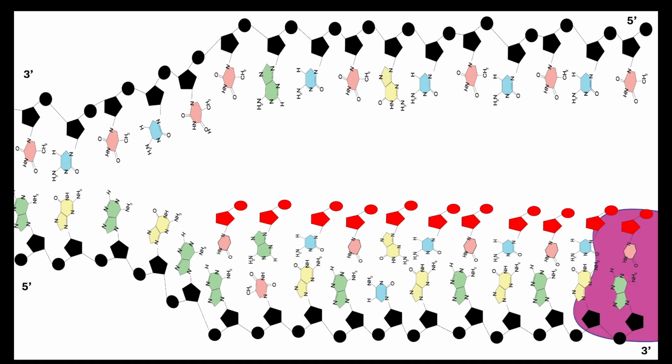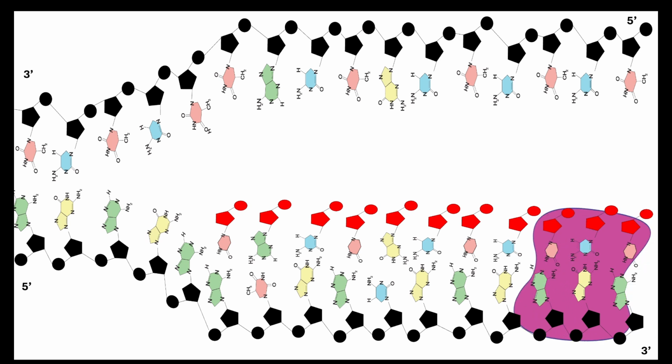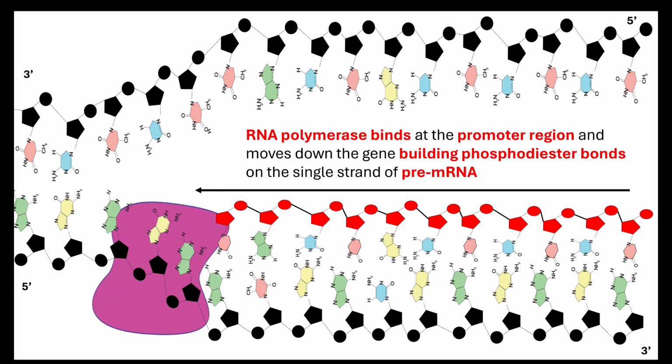Okay, so we have had our free nucleotides form hydrogen bonds with their complementary base pairs. And then what happens is our RNA polymerase, be careful because we're doing transcription and looking at RNA molecules, this is called RNA polymerase. But it does exactly the same thing. RNA polymerase is going to bind at the promoter region.